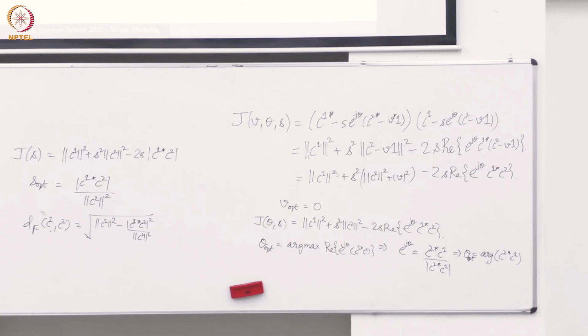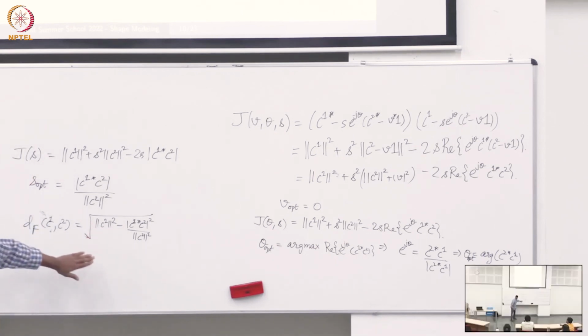One strange thing, try to observe that. What is C1 and what is C2 here in this particular equation? Sorry? List of complex numbers or landmarks. But what sort of landmarks? Aligned or original? Original landmark points. Right.